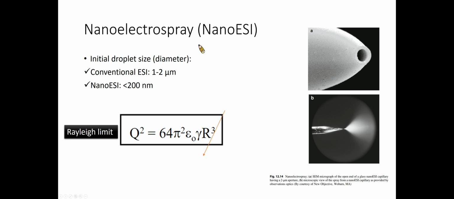Nano ESI usually uses a disposable capillary, and is therefore free of the carryover effect. As nano ESI generates smaller droplets, the Rayleigh limit is smaller in nano ESI, which means that it is easier to initiate ionization with nano ESI.